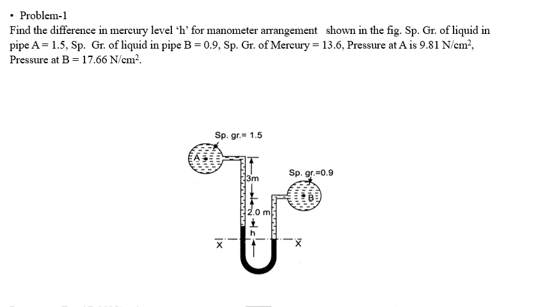After that, for a small height H, there is a rise of liquid, that is mercury. And in the right limb, above XX, for the height of H plus 2 meters it is filled with a fluid of specific gravity 0.9.